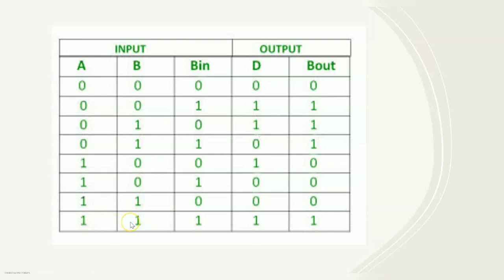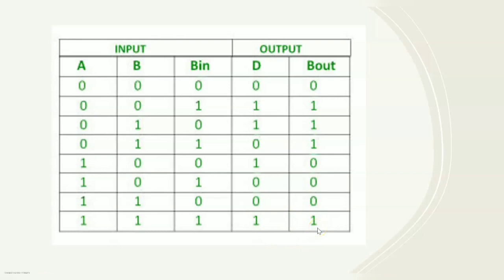So 1 minus 1 gives difference 0 and borrow 0. But again, the result you have to take the difference with borrow in. You have a result 0, and you subtract a 1 from that 0. So 0 minus 1 again: difference 1, and borrow also 1.